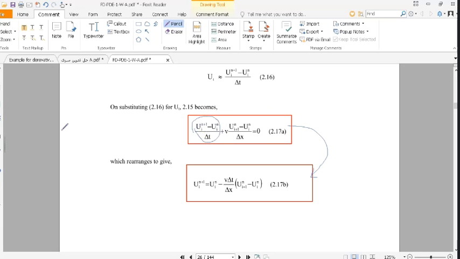First, I keep u i n plus 1 minus u i n over delta t, and I move this term from left to right.